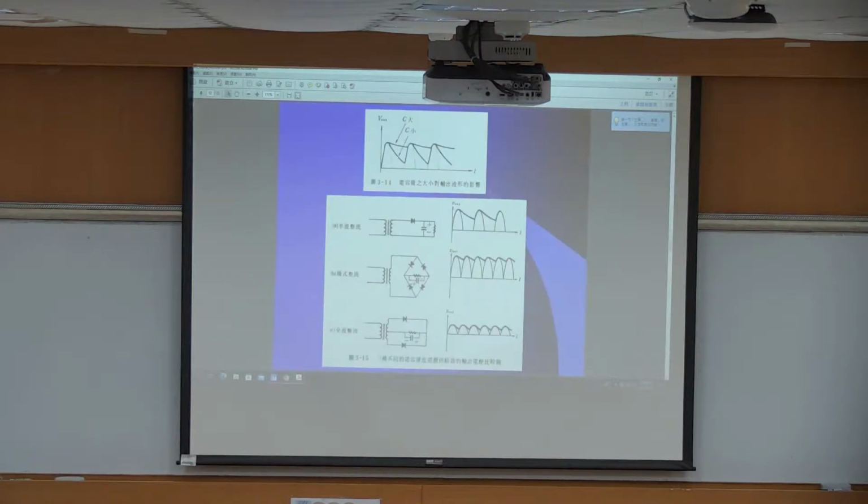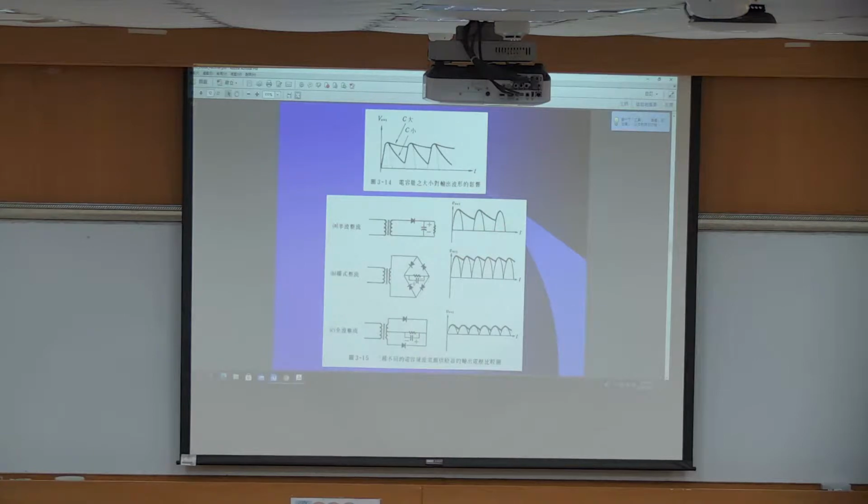So we have to choose the correct value and design the circuits according to what we want to apply. If the capacitor is bigger or smaller, the ripple will have a different waveform. If we combine the peak rectifier and the three rectifier circuits we have learned before, we can see that the ripple has a different shape, as on the right side of this figure.